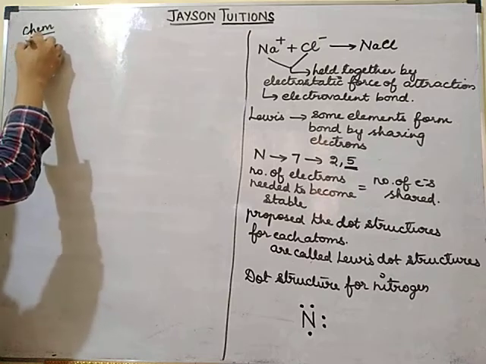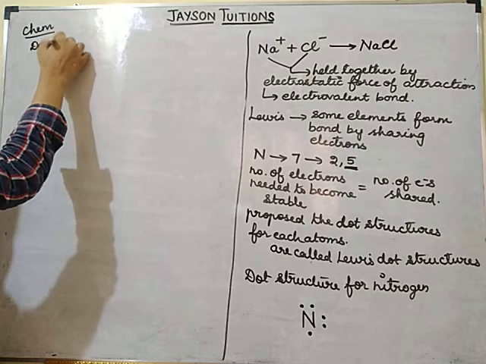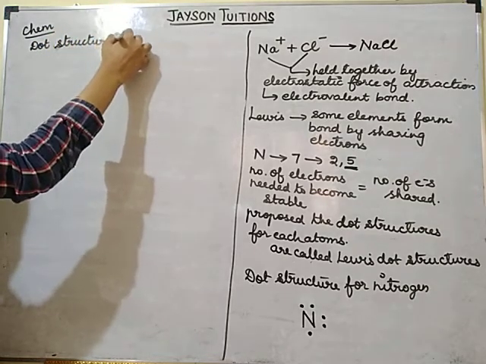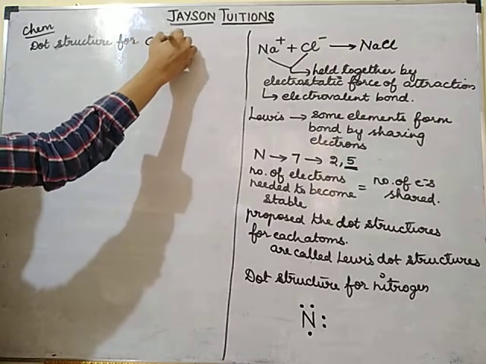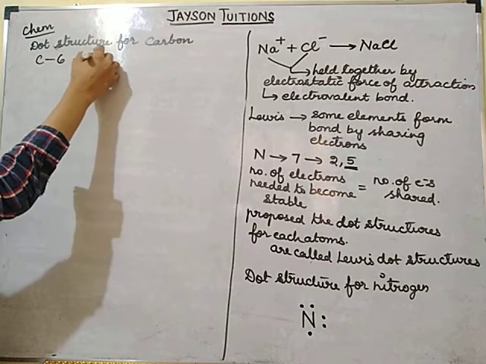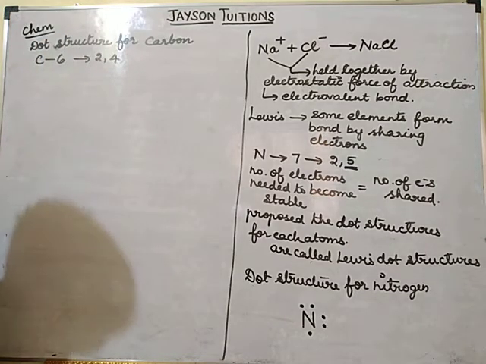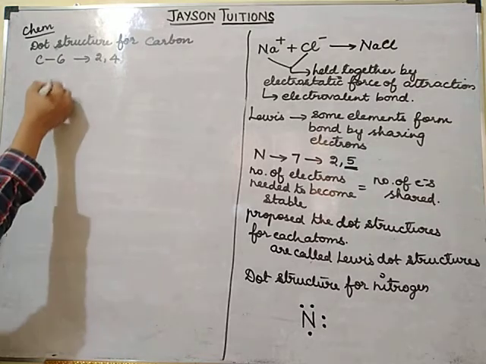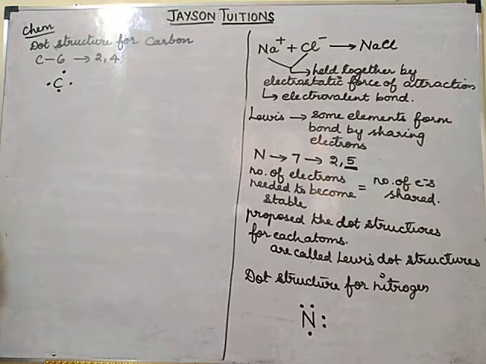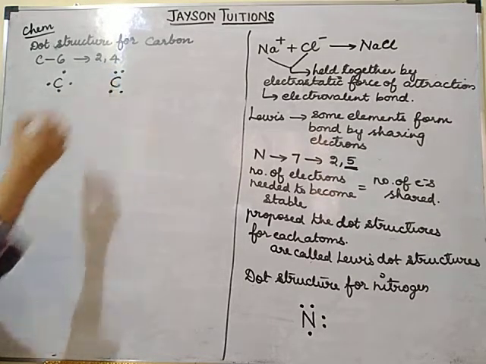Okay, so dot structure for carbon. Draw the dot structure for carbon. Carbon, what is the atomic number? 6. So it is 2, 4. So how many dots should you keep? 4 dots you should keep. 1, 2, 3, 4. Or you can keep it like this also.